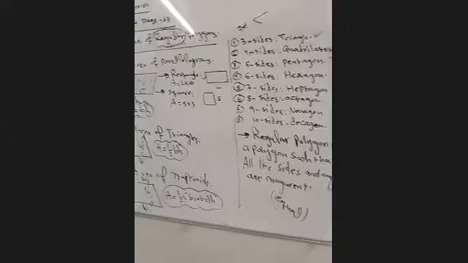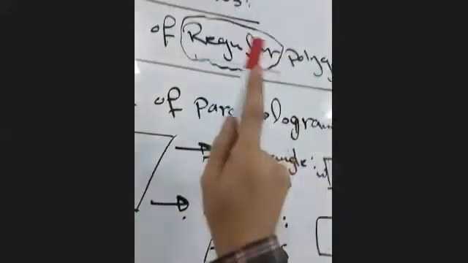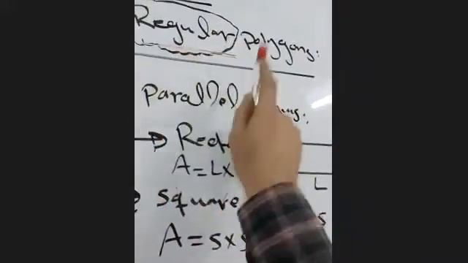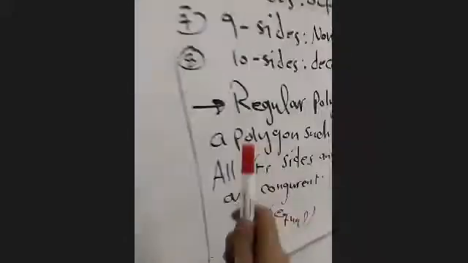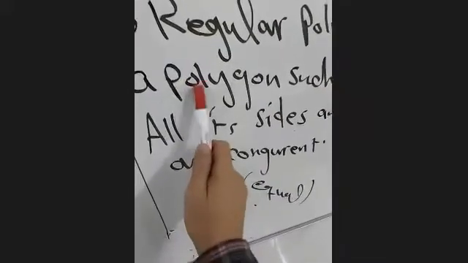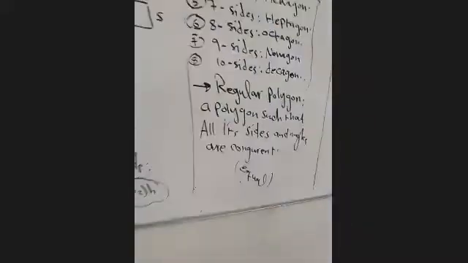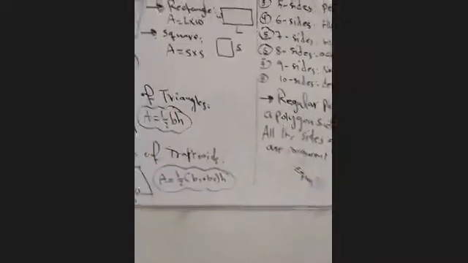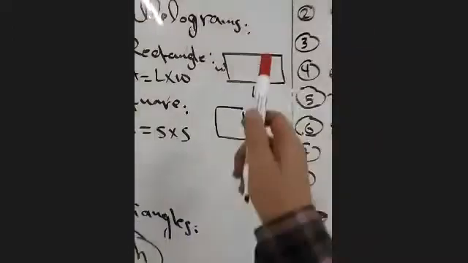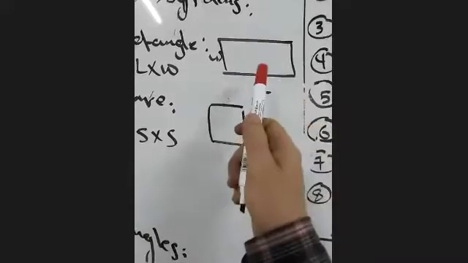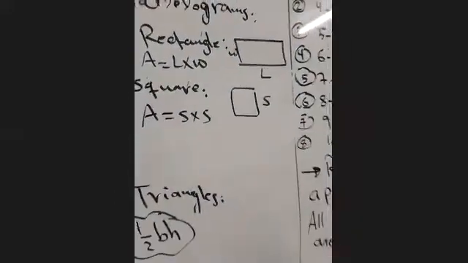Now, guys, what we will do again is find the area of regular polygons, and the word regular here is important. What's the meaning of regular polygon? For the focus, guys: a regular polygon has all of its sides equal and all of its angles equal. But is the rectangle regular? No. Why?